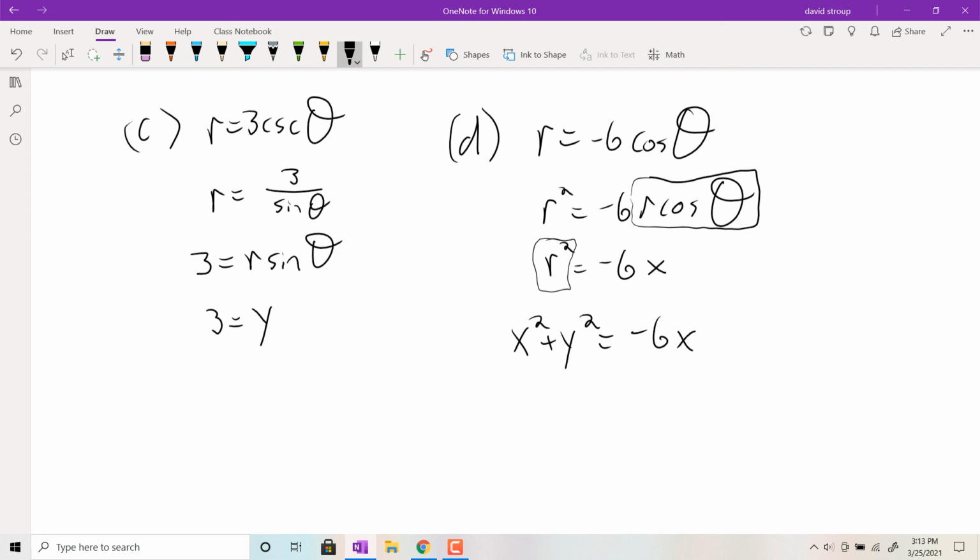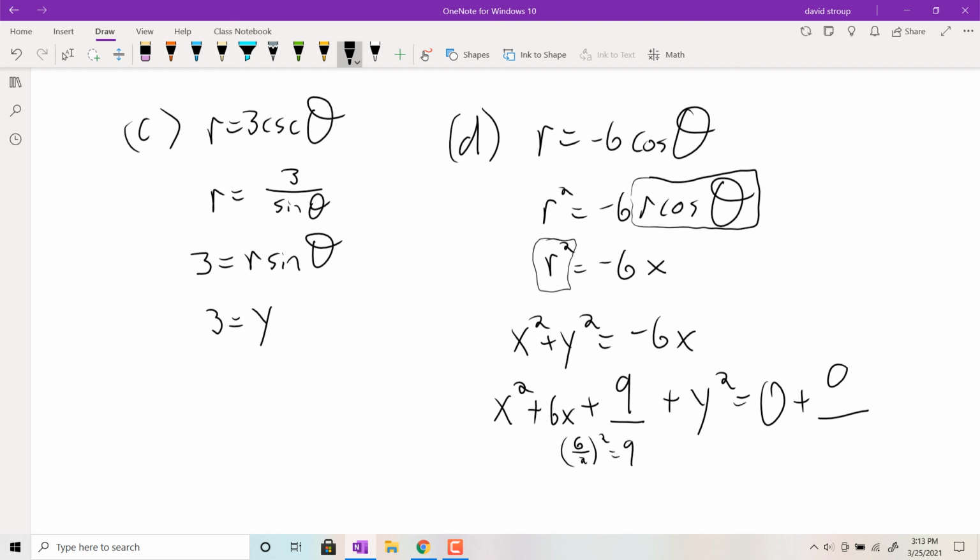And lo and behold, this is an equation of a circle. It may not be all that familiar, but if you took pre-calc, you know you can move this over to the other side and then complete the square. So completing the square, you take b all over 2 squared, so in this case 6 over 2, and then square it. That'll be 9, so you add 9 to both sides.